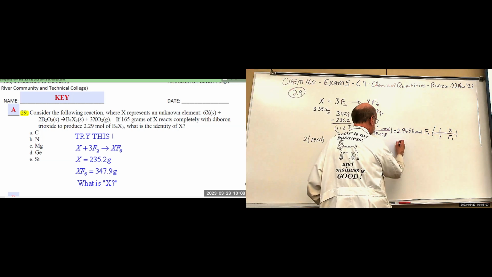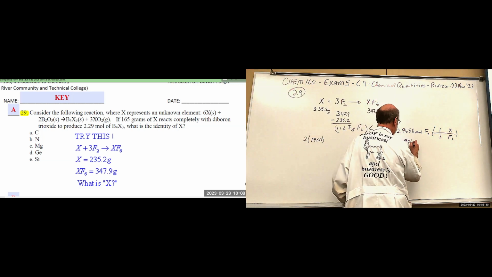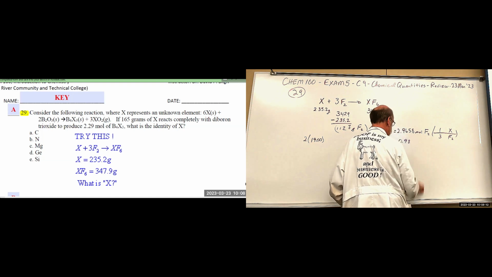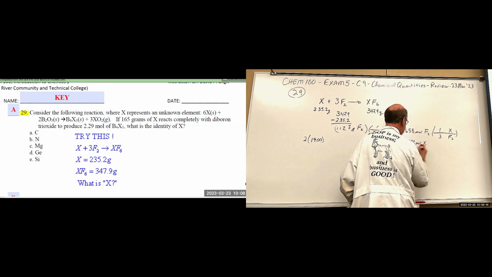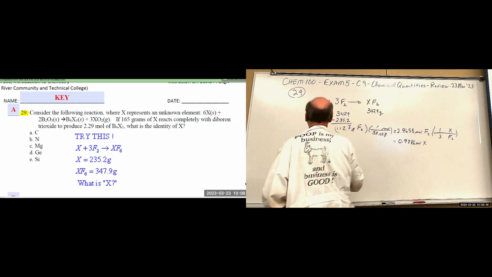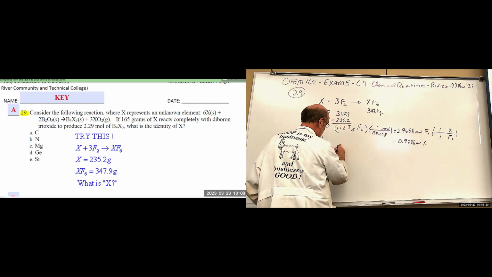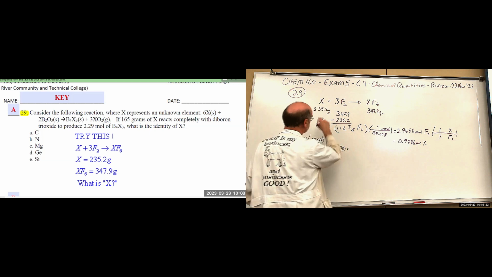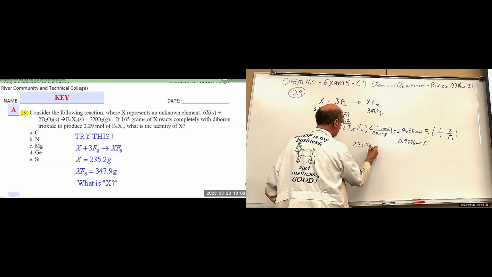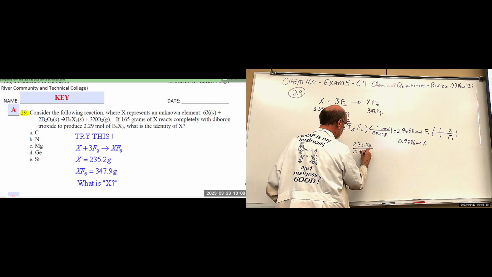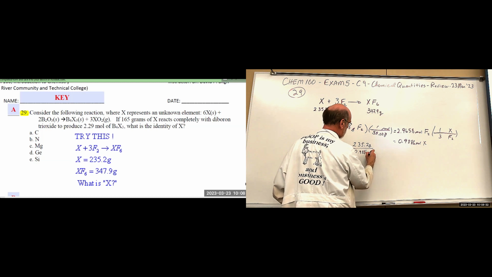0.9886 moles of X. All right, now the molar mass of X is 235.2 grams per 0.9886 moles.